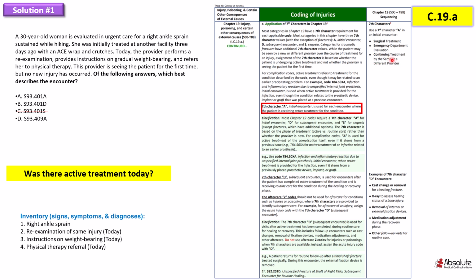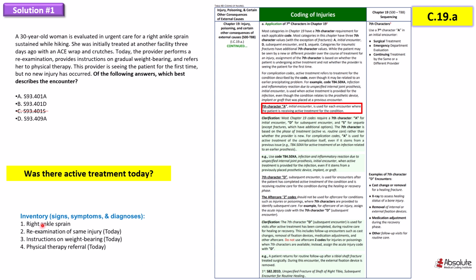Maybe we should be a little more specific. Continuing active treatment by the same or different provider. So this seventh character extender definition has a red box around it because it's saying that this is not active treatment, right?